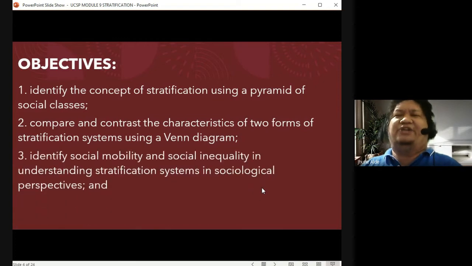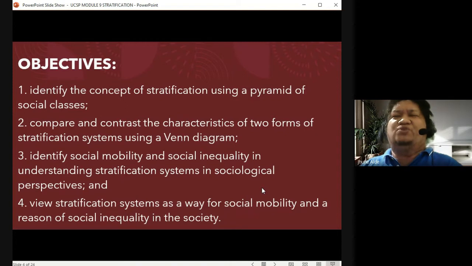Number three, identify social mobility and social inequality in understanding stratification systems in sociological perspectives. And lastly, view stratification systems as a way for social mobility and a reason for social inequality in the society.